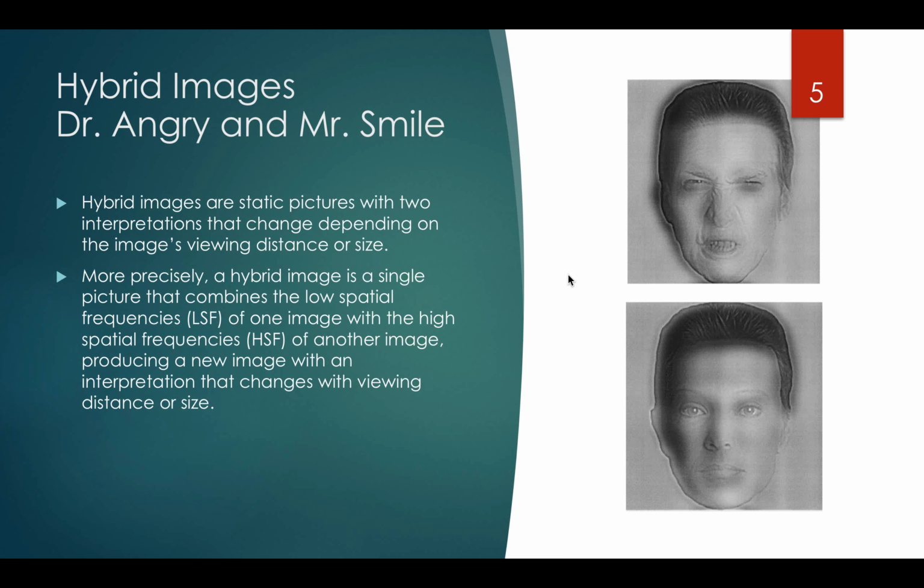If you want to see these low spatial frequency faces, you can either squint, blink, or step back from the picture until your perception changes. This is a very famous hybrid image because the performance is quite good.